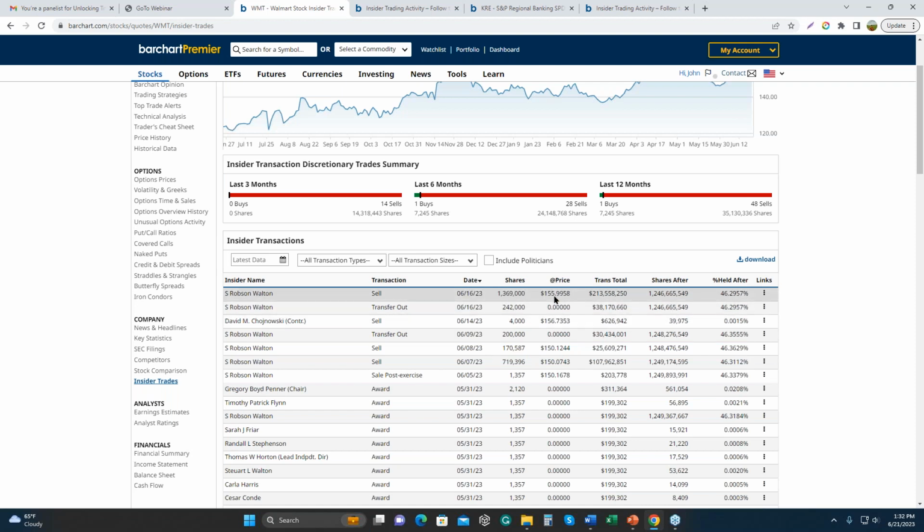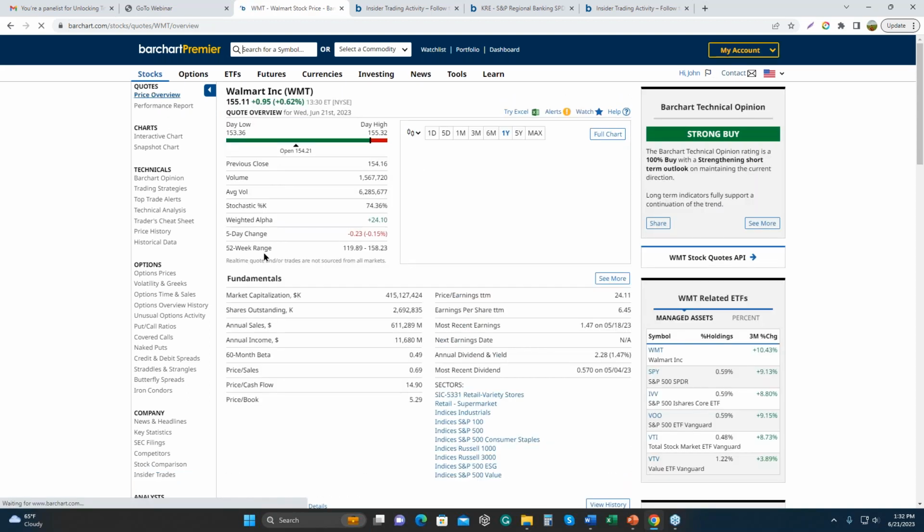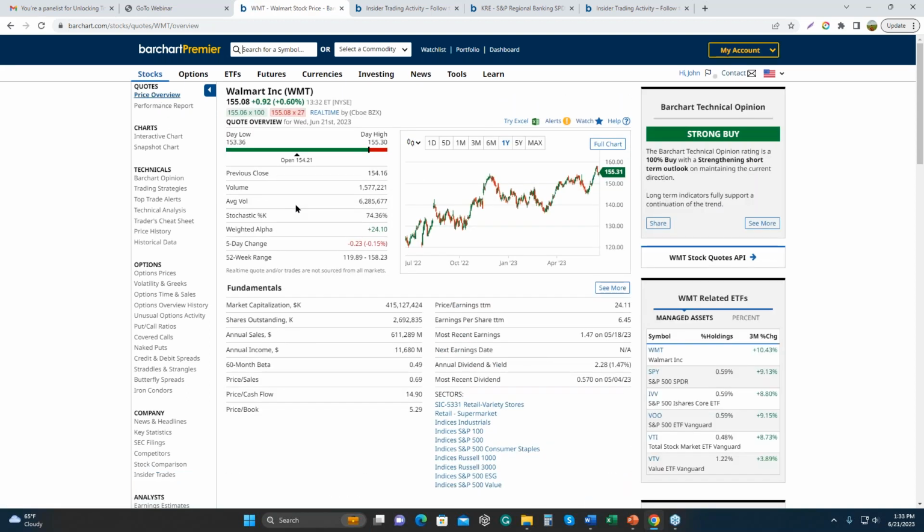So his activity really didn't have much effect on the market, even though Walmart's average daily volume of 6.2 million shares, representing a larger chunk of daily volume, you would think would have more of an effect. But we can see that it really doesn't.